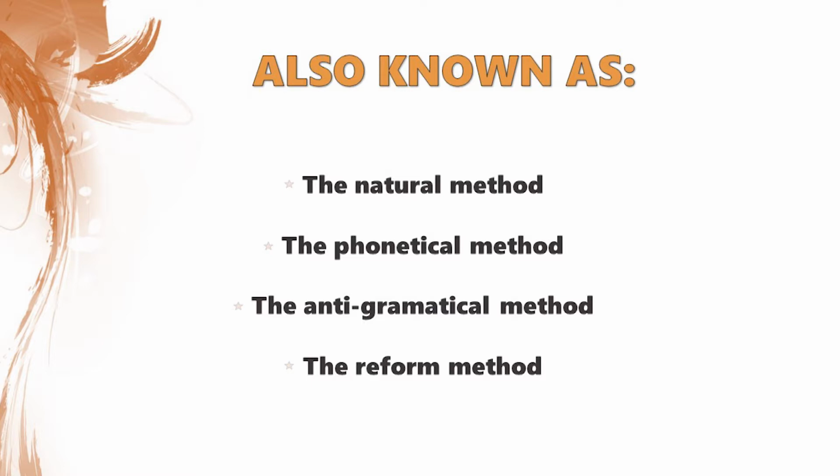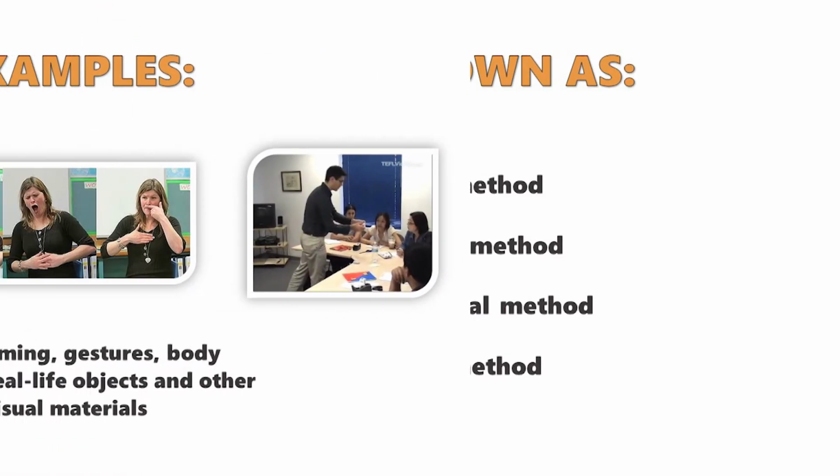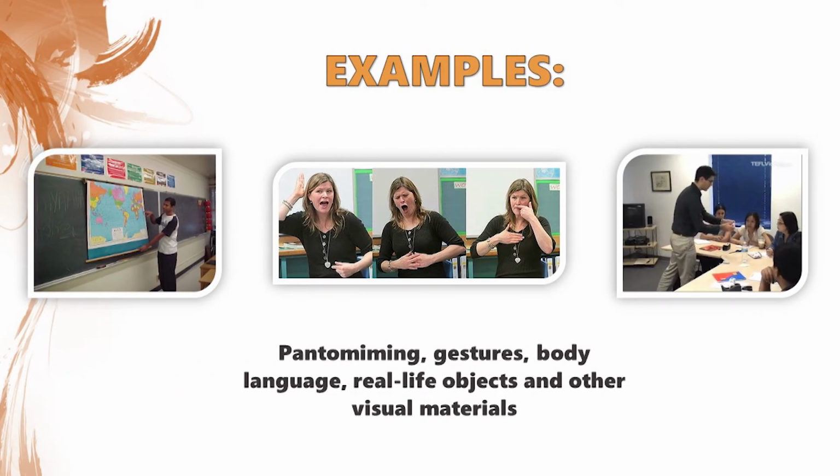But aren't you wondering why we call this method the direct method? Well, it has this name because meaning is directly connected to the language that we are learning. We skip the first language, we skip students' mother tongue. If we want to do a lesson by following the direct method, we can do the following.